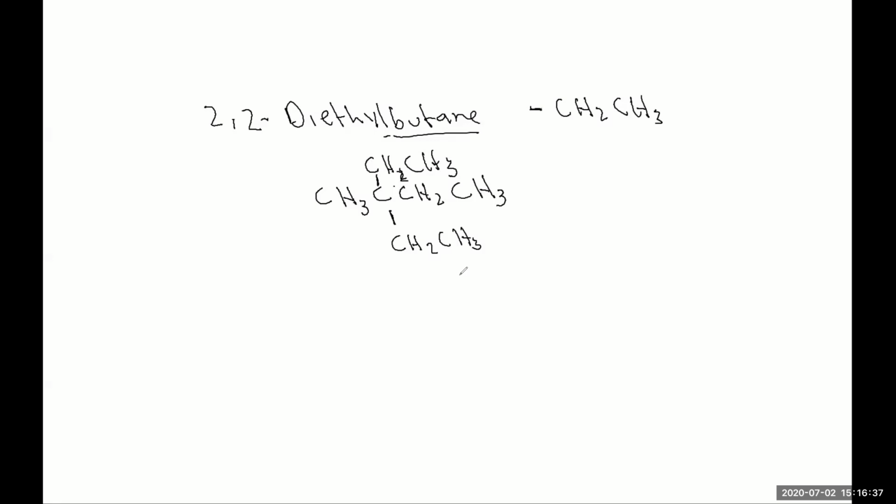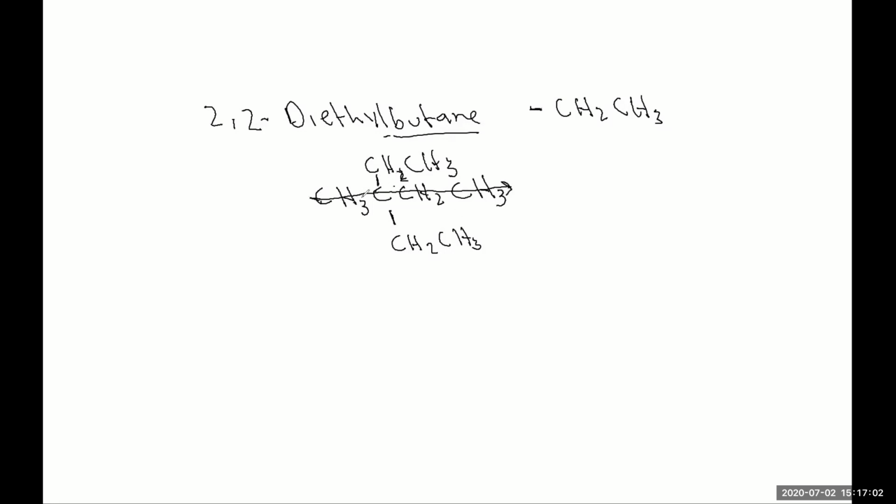But the question is now, why is this not correct? The reason is the following. If we number 1, 2, 3, 4, we have the chain, this chain here, which has 4 carbons.